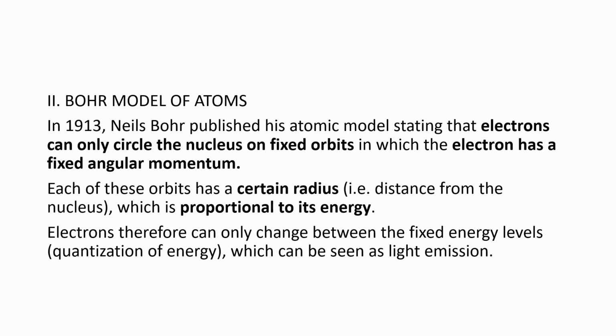Each of these orbits has a certain radius, or distance from the nucleus, which is proportional to its energy. This means the farther the electron is from the nucleus, the stronger its energy. So electrons can only change between fixed energy levels, which can be seen as light emission.